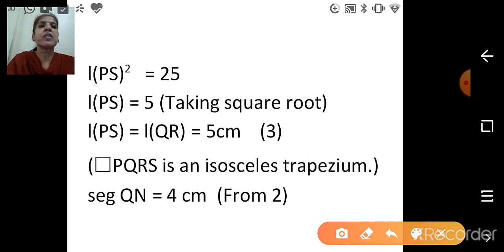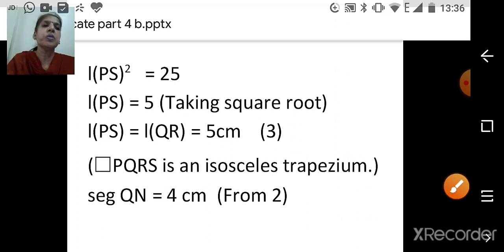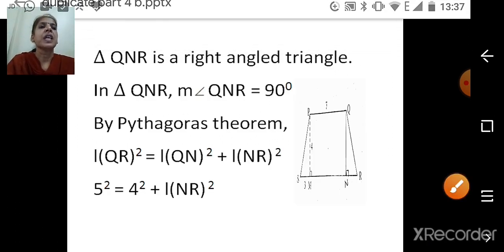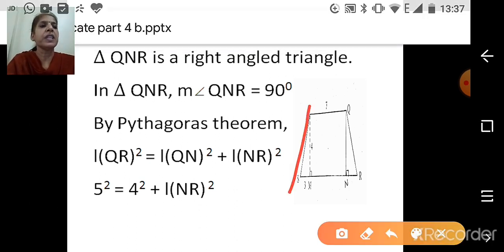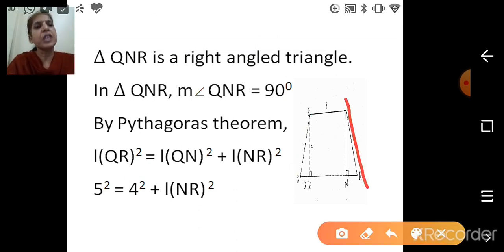And we have also got segment QN is 4 centimeter from before. So length PS, which we got 5 centimeter, is equal to length QR, which is also 5. Why are they equal? Because they are the non-parallel sides of an isosceles trapezium. And we have seen PM is 4, so QN is also 4.